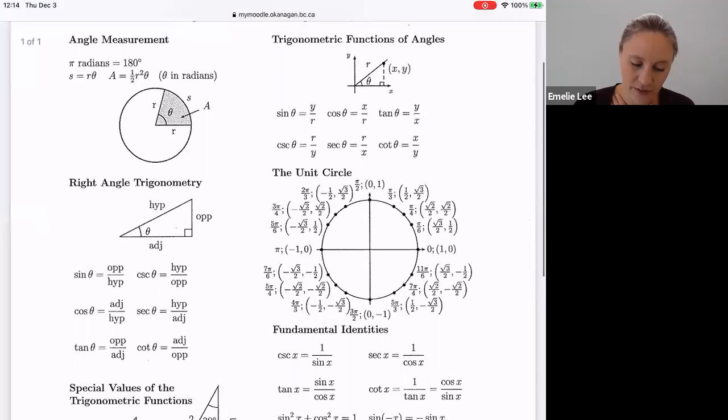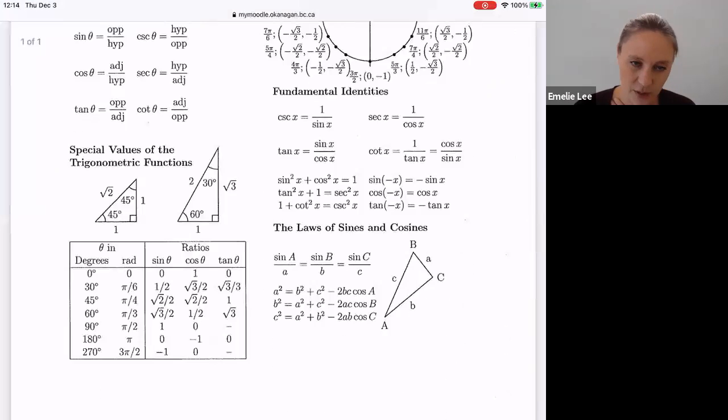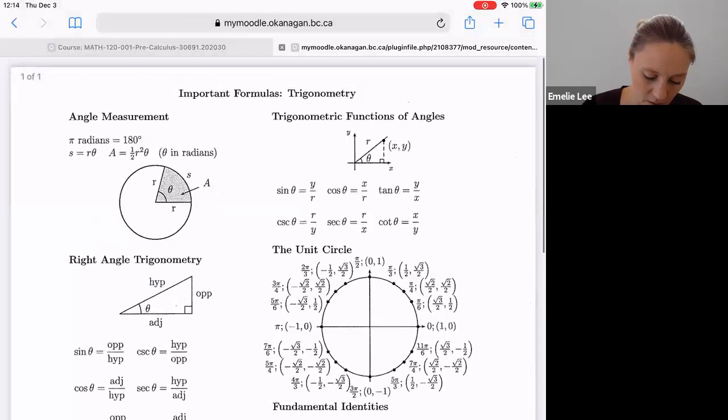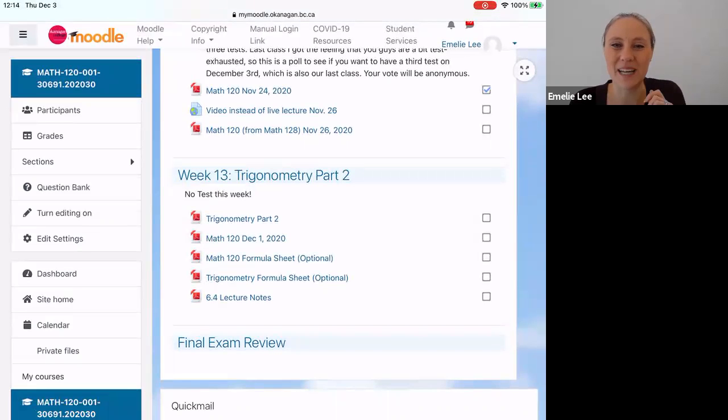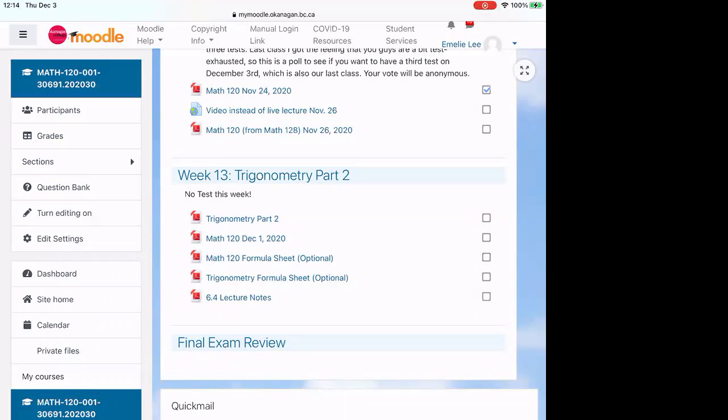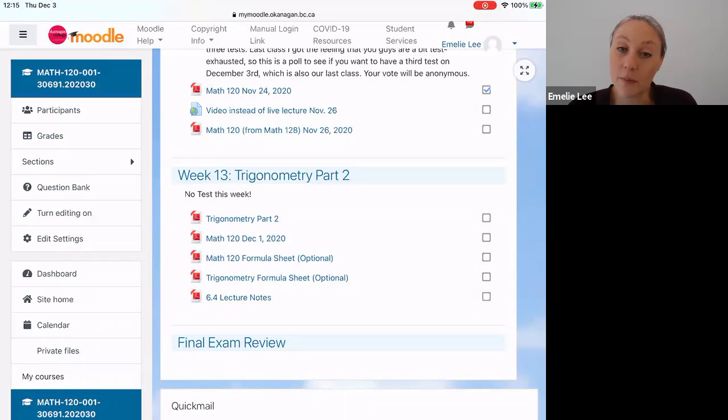It's the one that has that fancy unit circle that we were using today. We didn't talk about the laws of sines and cosines, so just ignore that on there, but those might be nice to have handy somewhere. Awesome. All right. I'm going to stop the recording, but let me know if you have any questions. Otherwise, thanks for coming to class.